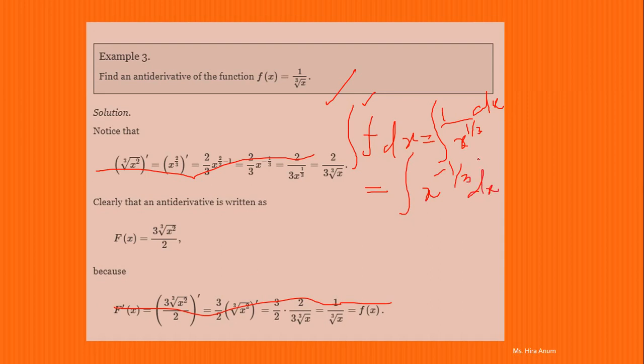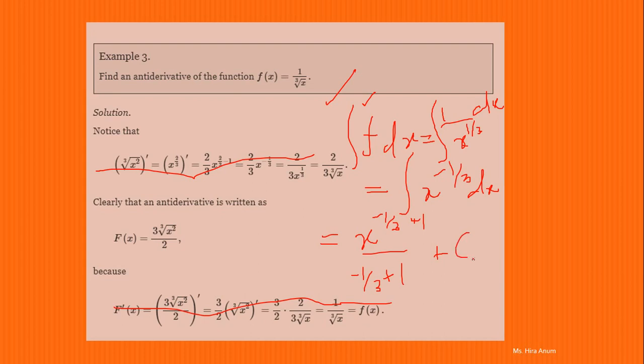Then we add 1 here, and in the denominator it becomes x power minus 1 over 3 plus 1, over minus 1 over 3 plus 1, plus a constant.